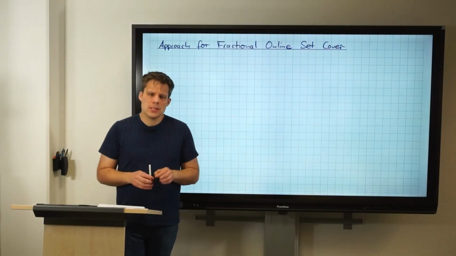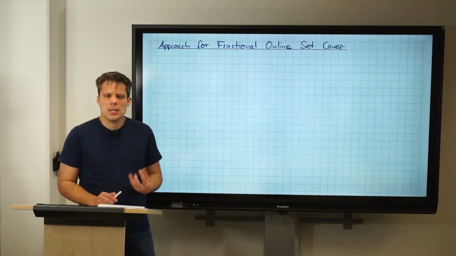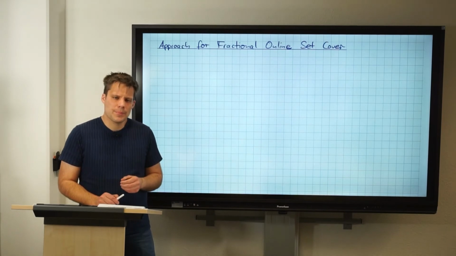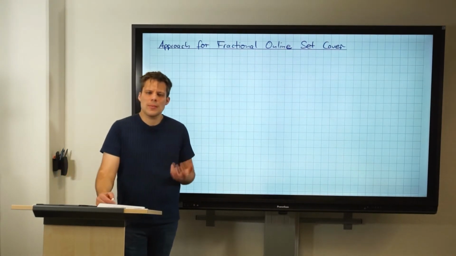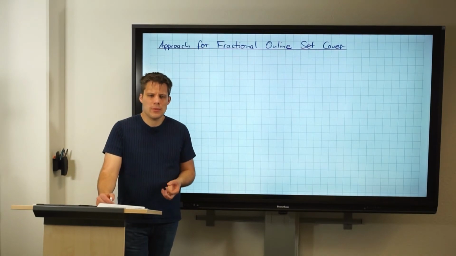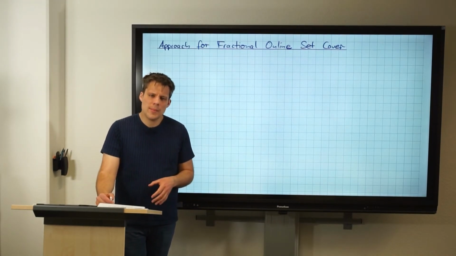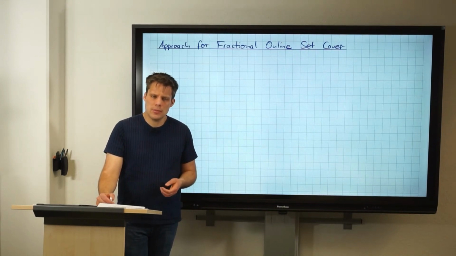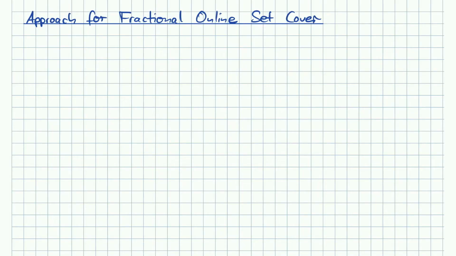Now what I want to do is move slowly towards an algorithm for this fractional online set cover problem. And I want to apply more or less the same approach that we used for the fractional ski rental problem, although we don't actually know the optimal dual solution. But what will this now look like? So when we are in the tth step, we now assume that element t arrives.